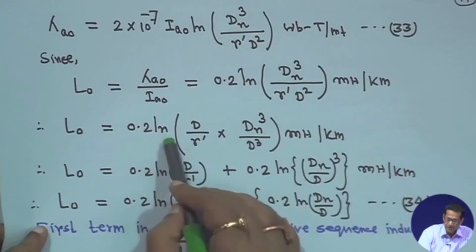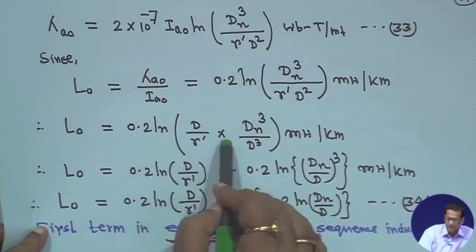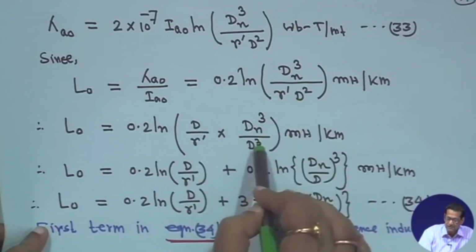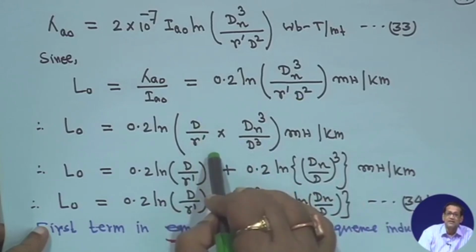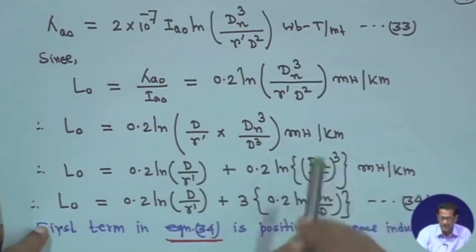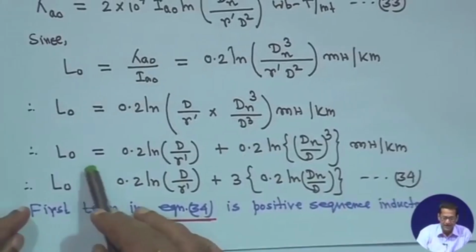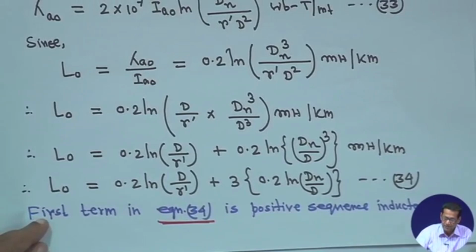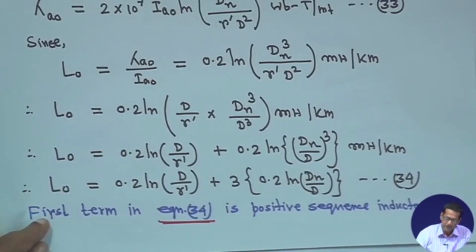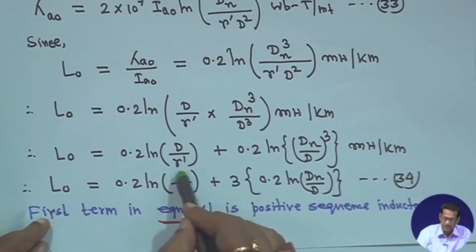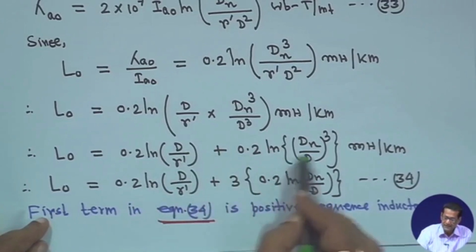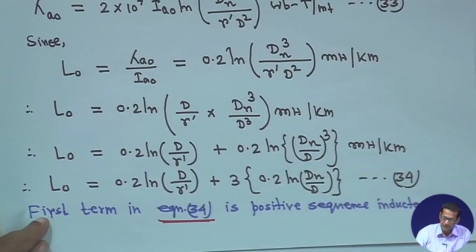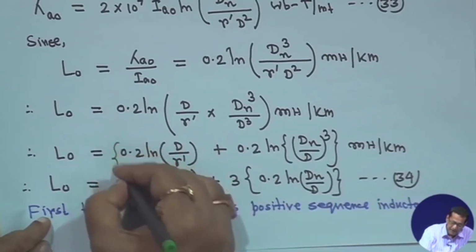That means you will get 0.2 ln (d/r' × d_n^3/d^3), millihenry per kilometer. Now, you can write L_0 = 0.2 ln d/r' + 0.2 ln (d_n/d)^3, millihenry per kilometer.